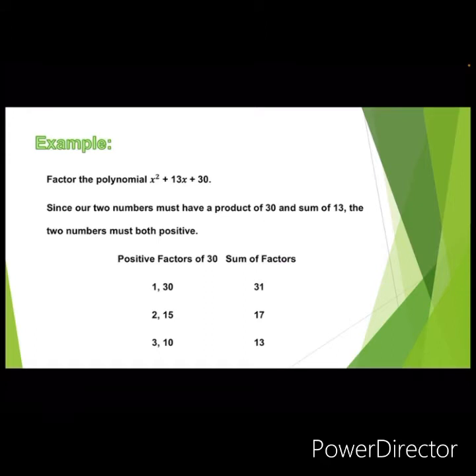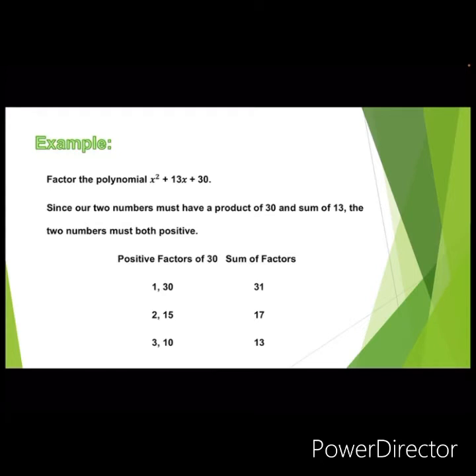Example: factor the polynomial x squared plus 13x plus 30. Since our two numbers must have a product of 30 and a sum of 13, the two numbers must both be positive. Positive factors of 30 are 1 and 30, 2 and 15, 3 and 10.